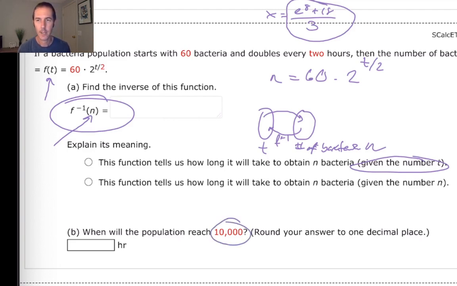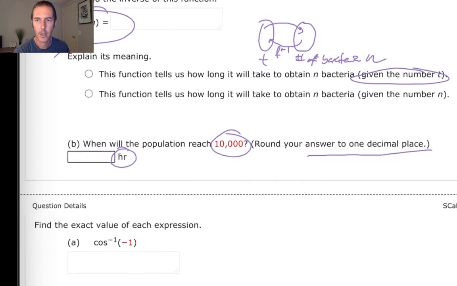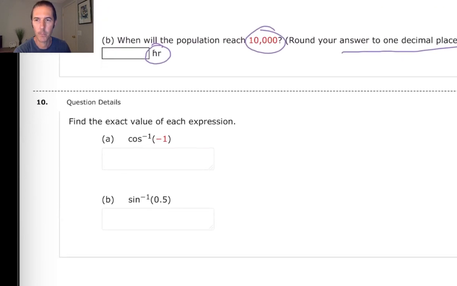So you're going to have to take the 10,000, plug it into the inverse function that you've designed, and figure out an amount of time that answers the question, when will the population reach 10,000, or whatever value you're working with. And this time we do want to round our answer to 1 decimal place. And remember, you're working with hours. You don't have to type in hours because this text entry box already has the HR for you. Just realize that that number that you're finally getting there does have units associated with it.